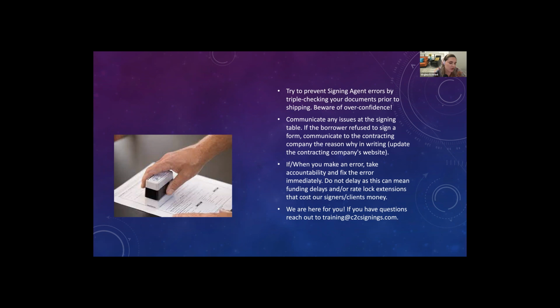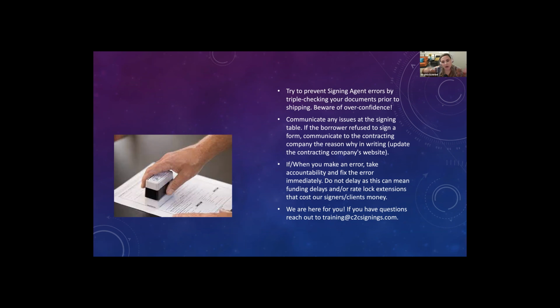So communication is huge. And then when an error is made, because no matter how great of a notary you are, you're going to make errors. It's all about your attitude. It's how you fix it. So take accountability and fix the error immediately. Do not delay in getting this done, scanning them back, because delays mean rate lock extensions, and that costs our signers money and it costs our clients money.